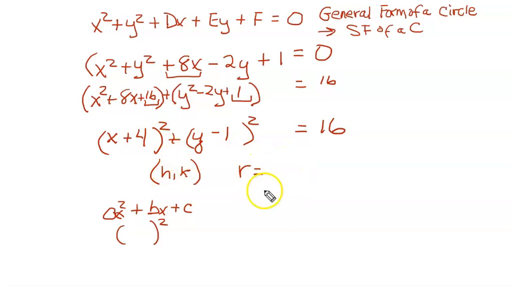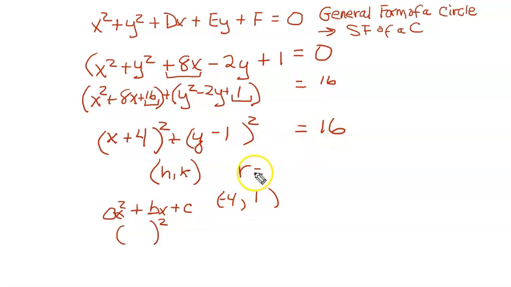So what will the h be here? Again, it's opposite sign. That's going to be a -4. And what will my k be? Opposite sign, a 1. So there's my center of the circle.